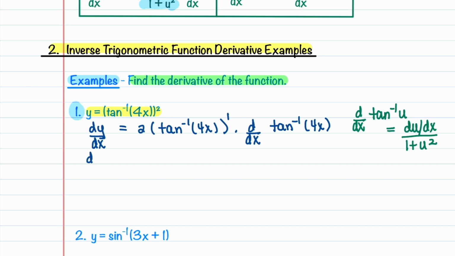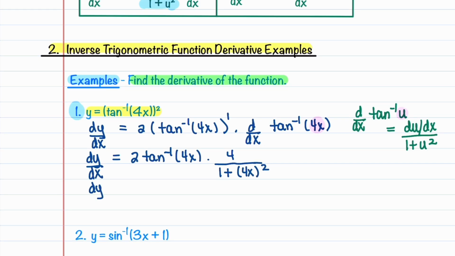On our left-hand side, we still have dy/dx, and then on our right, we have 2 times inverse tangent of 4x. Now we're going to take the derivative of inverse tan of 4x. This is our u, so we're going to take the derivative of 4x, which is 4, and then in our denominator, we're going to have a 1 plus u squared, so this is 1 plus the quantity 4x squared.